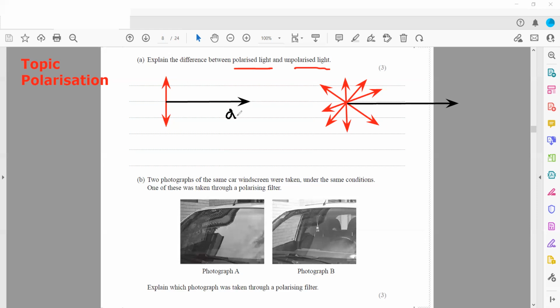So the wave direction, for example, is towards the right-hand side, but polarized light has only one component, and unpolarized light will have many components. And because unpolarized light has many components, it will have a higher intensity as well. Like it will appear to be bright.